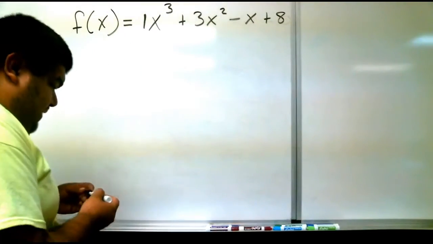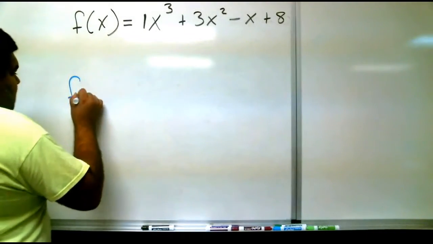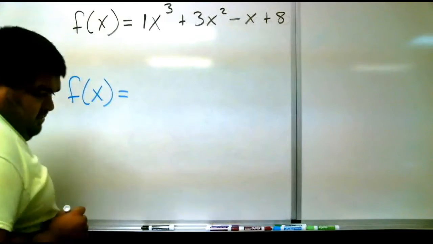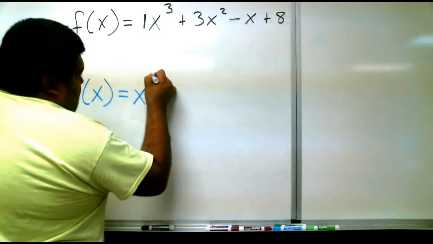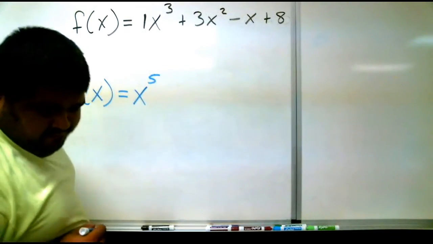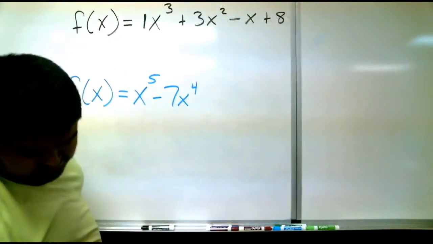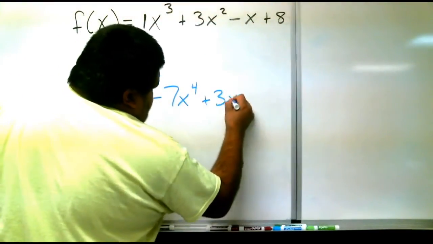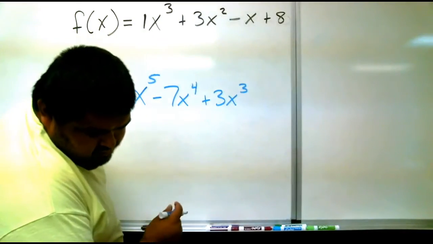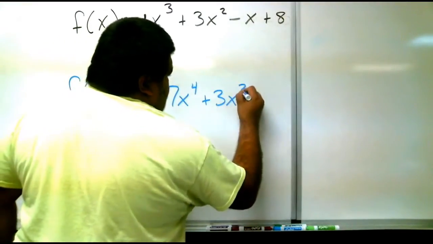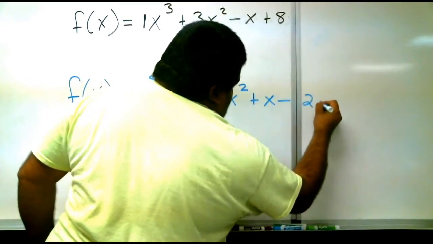Your second problem is f of x equals x to the fifth minus 7x to the fourth plus 3x to the second, plus x minus 20.